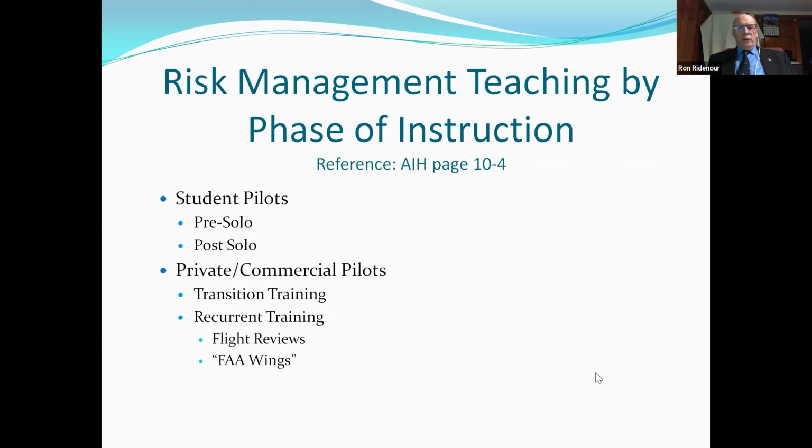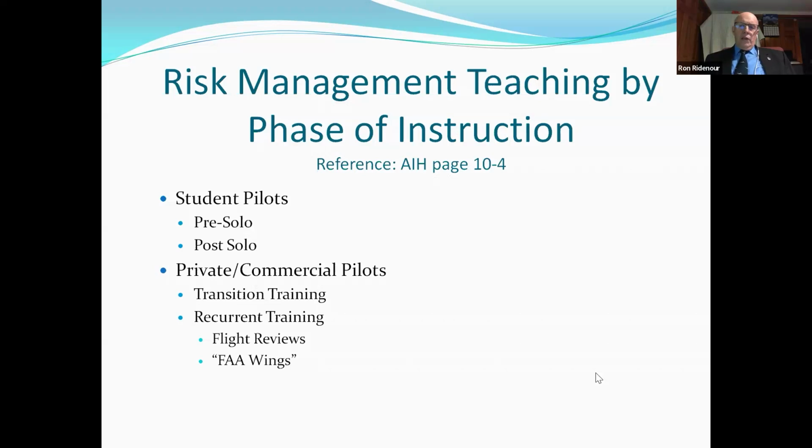Private and commercial pilots is a different phase, and we have transition training. If they're a private or commercial airplane pilot, or a pilot in another category, and they're transitioning to gliders, you want to make sure that you're continuing to push the risk management skills that are necessary to make safe flying.